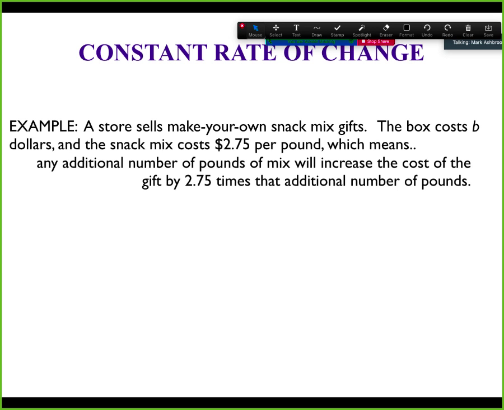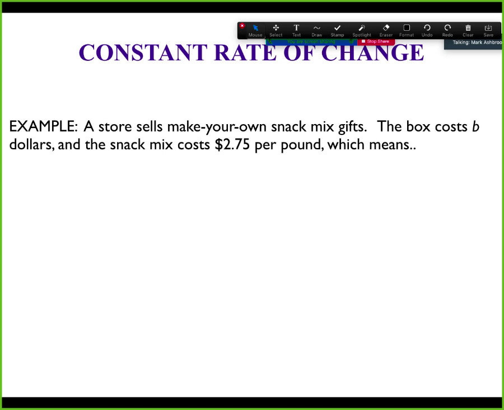Okay, so suppose you have a store that sells make-your-own snack gifts. The box costs $B and the snack mix costs $2.75 per pound. What does the $2.75 per pound mean? How about Angel? That it costs $2.75 for any variation in pounds, per pound, but that's the scalar that you multiply by the change in x.